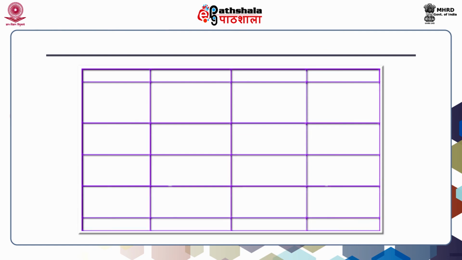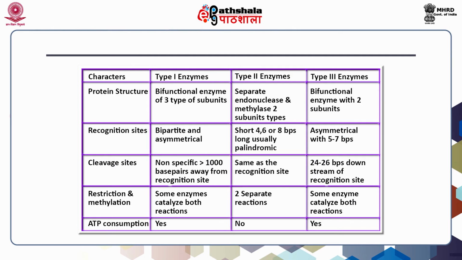This slide compares type 1, type 2 and type 3 restriction enzymes in terms of parameters such as protein structure, recognition sites, cleavage sites, restriction and methylation, and ATP consumption. For example, the type 1 enzymes are bifunctional enzymes with 3 types of subunits.